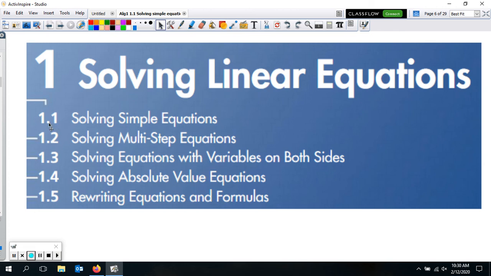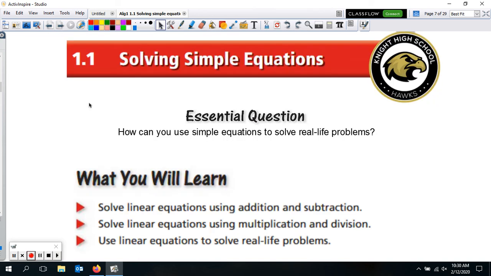And so today we're doing 1.1. We're just solving simple equations in this lesson. And then we'll continue to go on and solving other equations in the lessons to come. So in 1.1, solving simple equations here, we are learning to solve linear equations. These are linear equations that we're pretty much dealing with most of the time in Algebra 1.